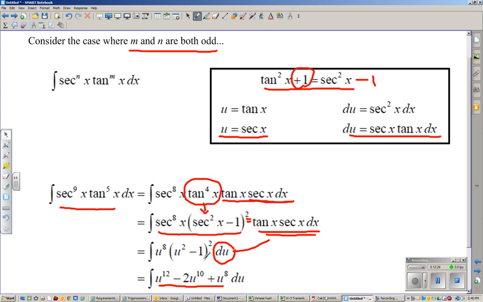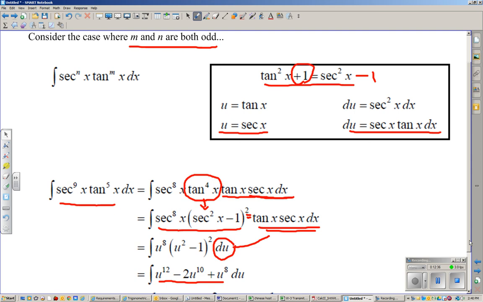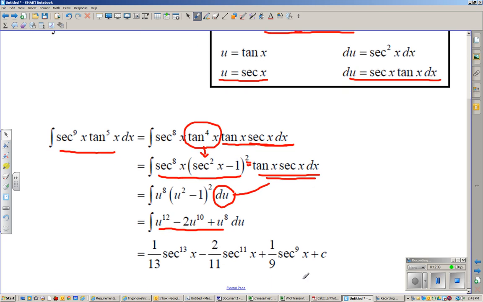U to the 4th times u to the 8th would be u to the 12th, negative 2u squared times u to the 8th, and then a positive 1. Yep, I did all that correct. And then I'm going to evaluate and back substitute my sec x for the u. So there we go. We got them all in there, and we're done.